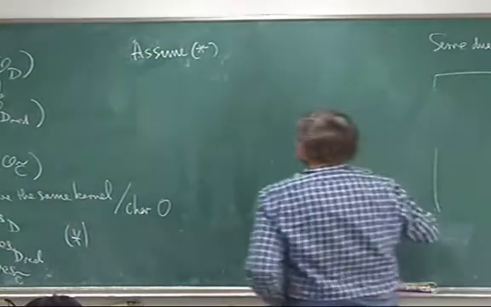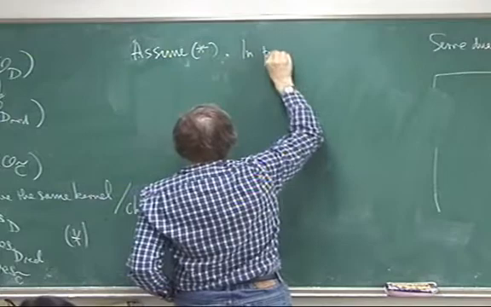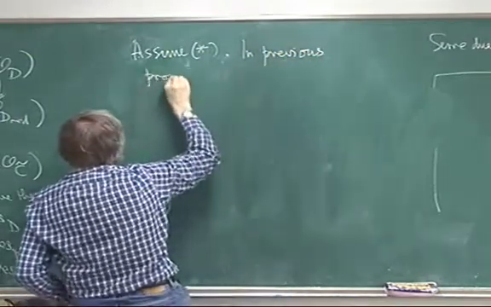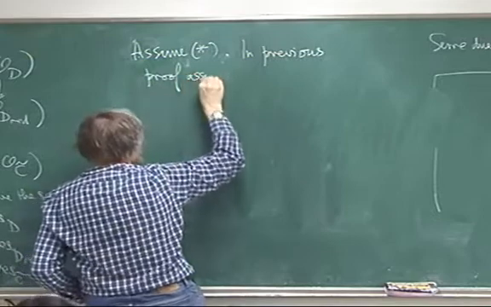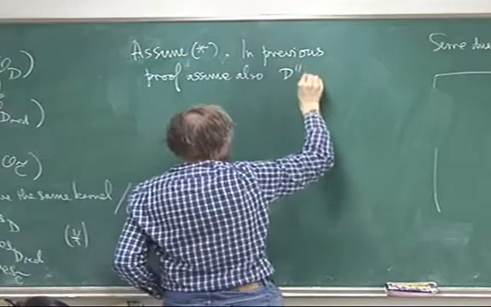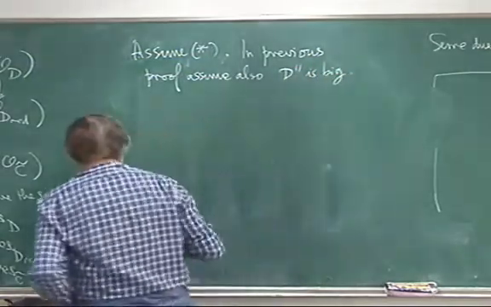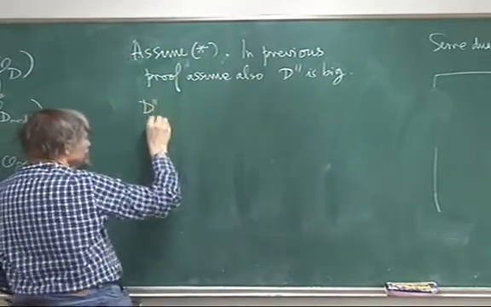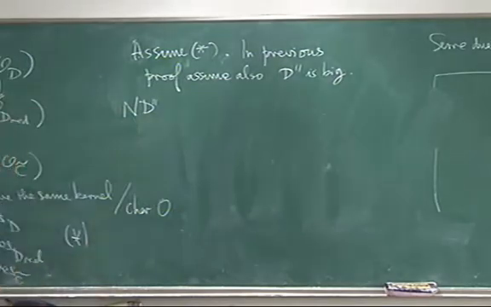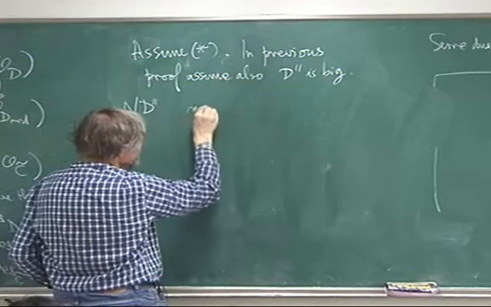So assume star, and then in the previous proof, assume also that D double prime is big. I remind you this means that if I take some large multiple of D double prime, this moves in an arbitrarily large linear system.